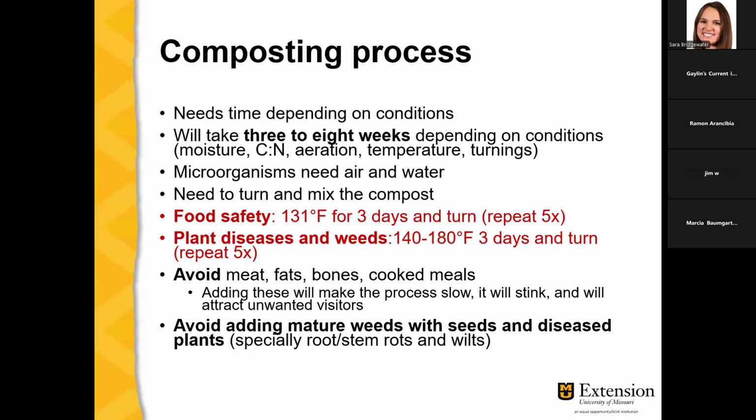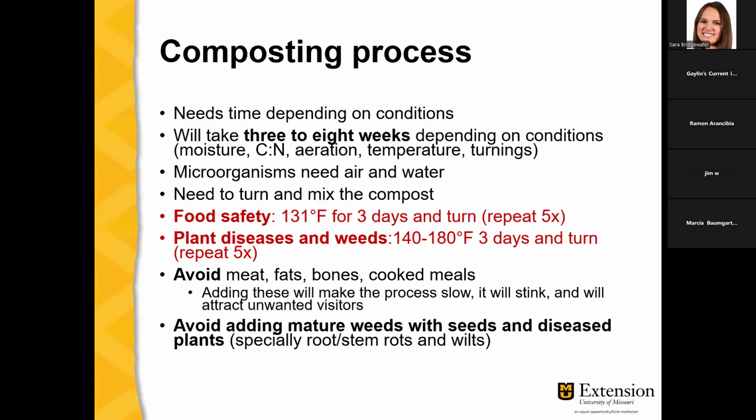What else? Progressive composting process. Composting needs time, depending on the conditions. Conditions are like moisture in the pile, the carbon to nitrogen ratio, C to N, aeration, temperatures, and the amount of turning.